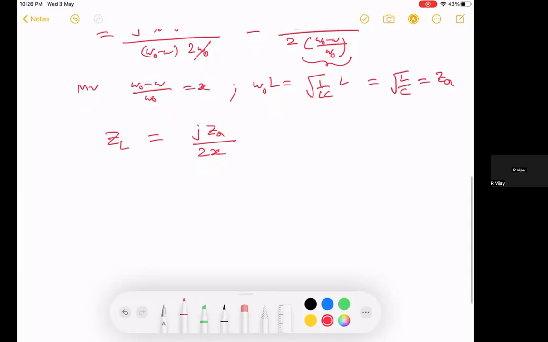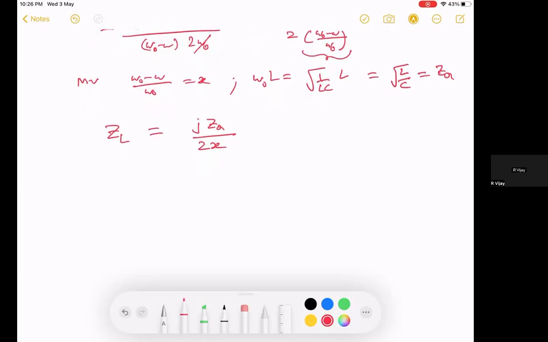So once you do that, now you can write down your gamma, and you can write down your Z naught minus ZL over, oh sorry, the other way around. Keep forgetting this.